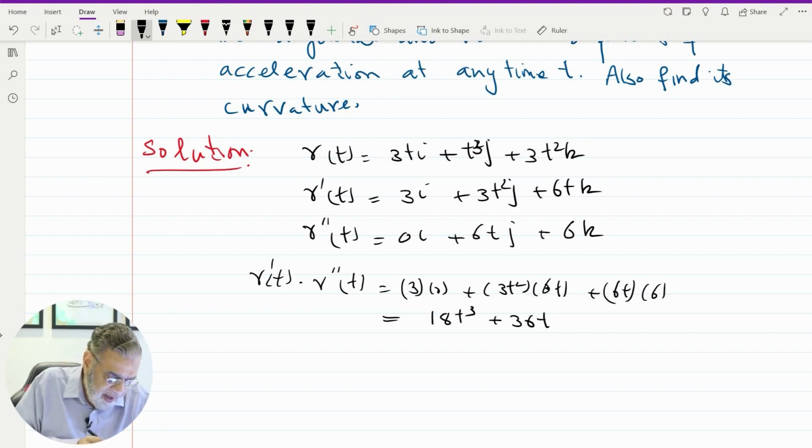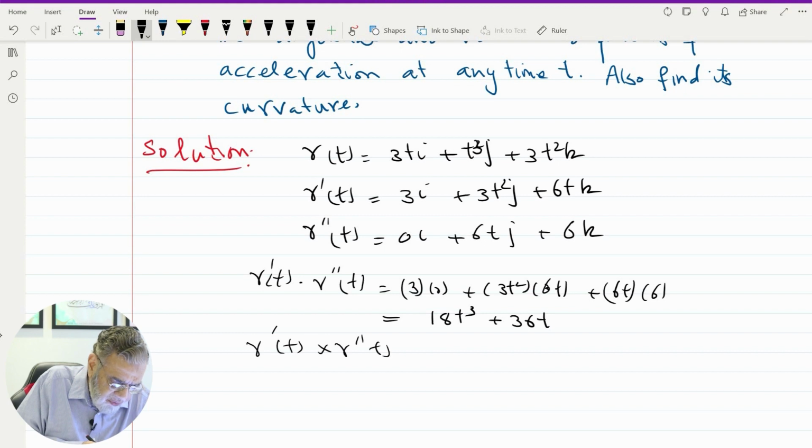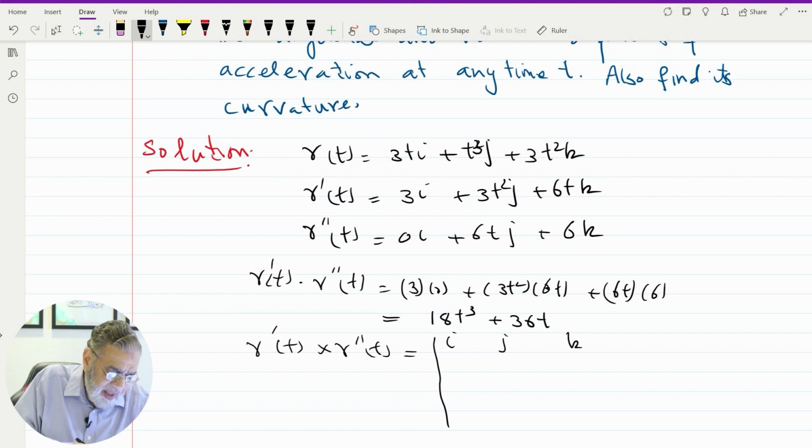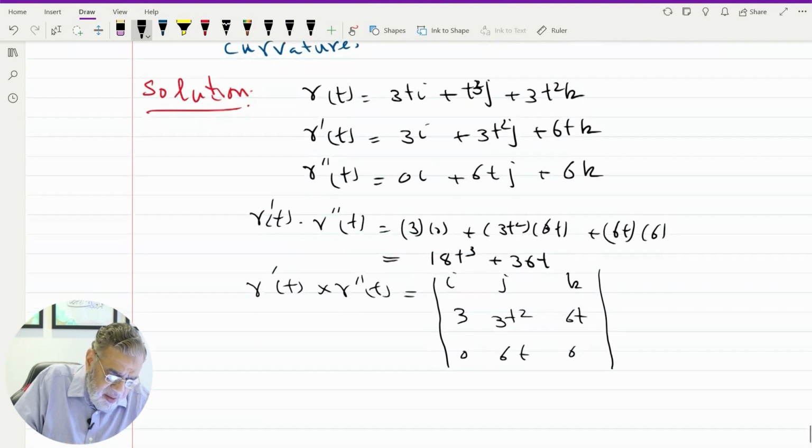Now I am going to find the cross product. I find all the required values, then substitute into the formulas to find the result. For the cross product, we write i, j, and k. My r dash is 3, 3t squared, 6t, and my r double dash is 0, 6t, 6, the derivatives. And I simply find my cross product.